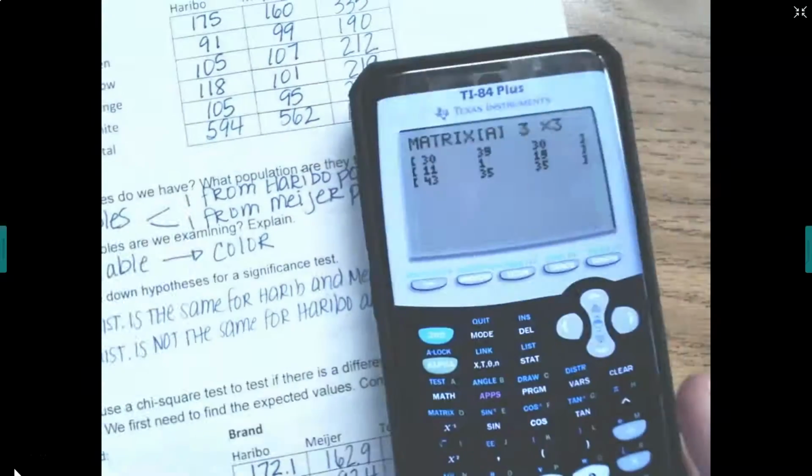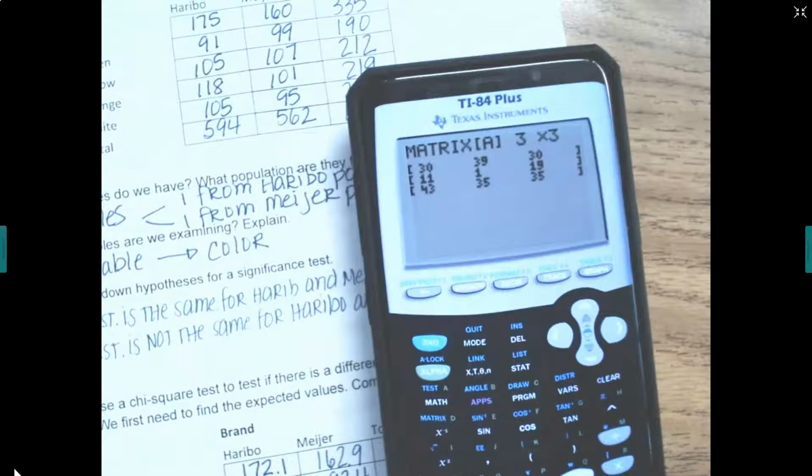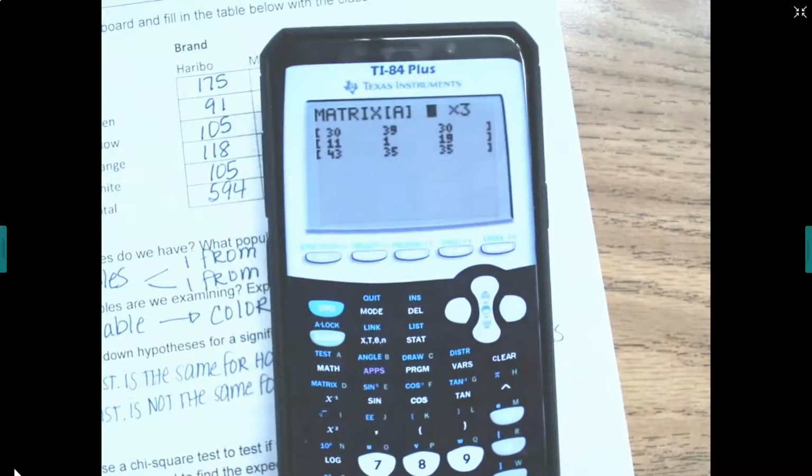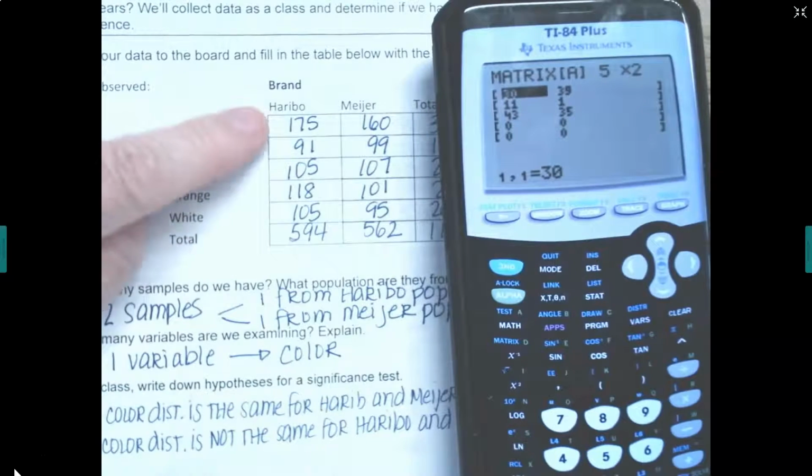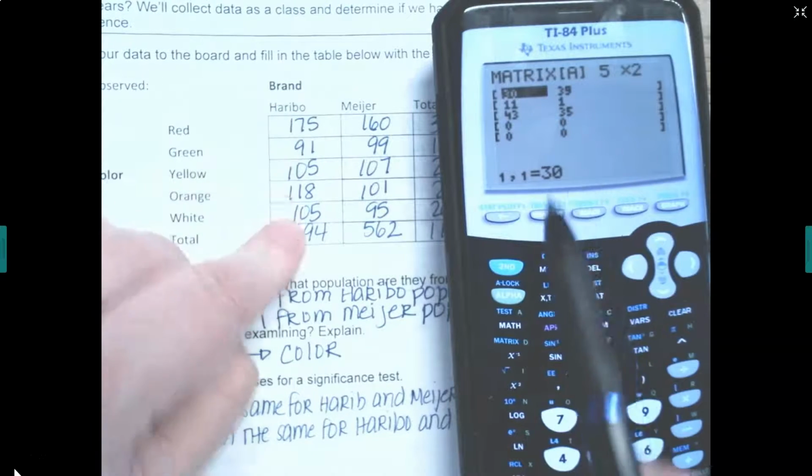What kind of table do we have? This is a 1, 2, 3, 4, 5 by 2 table. So let's change this. 5 by 2. Okay, and so this should kind of match what we've got here, that we had 2 wide and 5 deep.